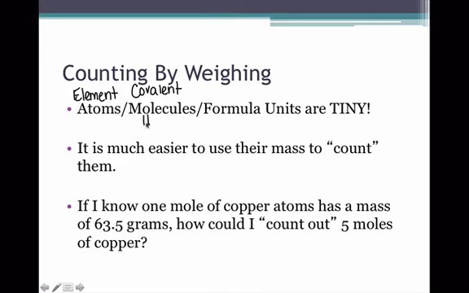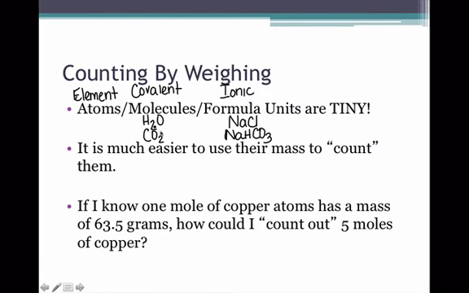So for example, we have water molecules, or we have carbon dioxide molecules. If I have an ionic compound, we have formula units. So sodium chloride, that would be a formula unit. Each of these is a formula unit. Sodium bicarbonate, each of those would be formula units.